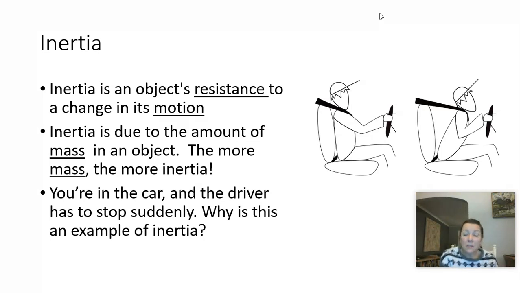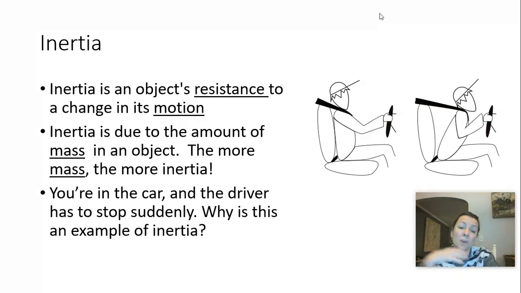The more mass, the more inertia. So if you're a passenger in a car, or you're the driver, and all of a sudden you stop really quickly, you will keep moving forward. That's why seatbelts were invented, because if the seatbelt doesn't hold you back, you're going to keep moving forward, and then you smash your face on the steering wheel or the windshield or whatever, right?